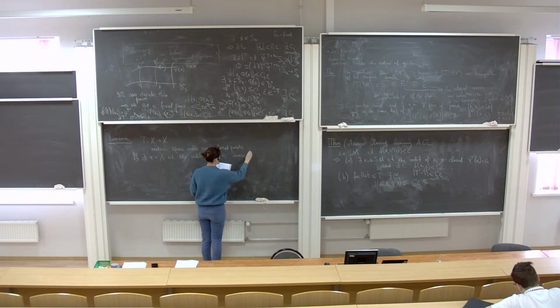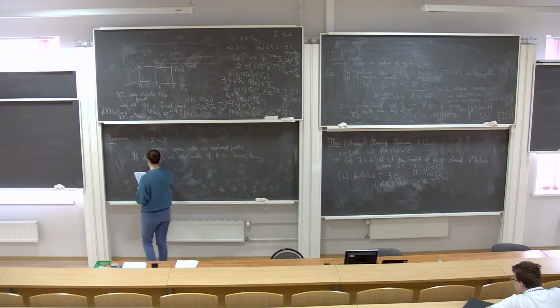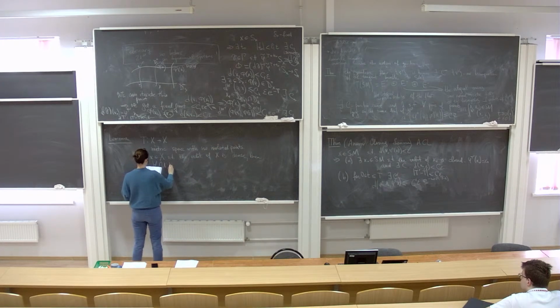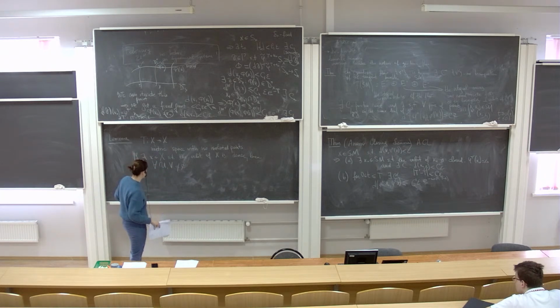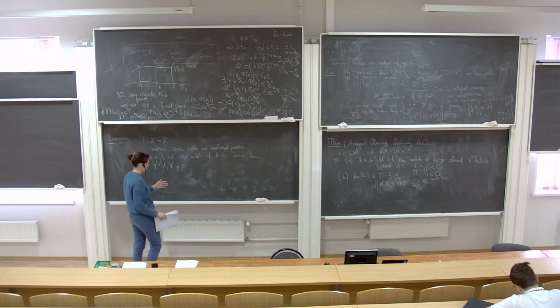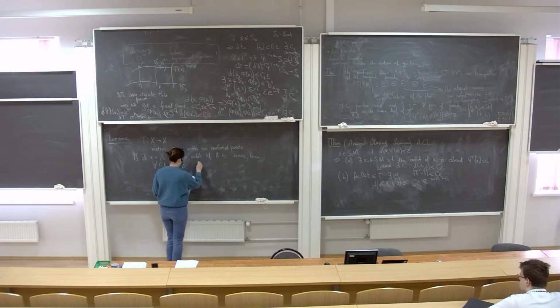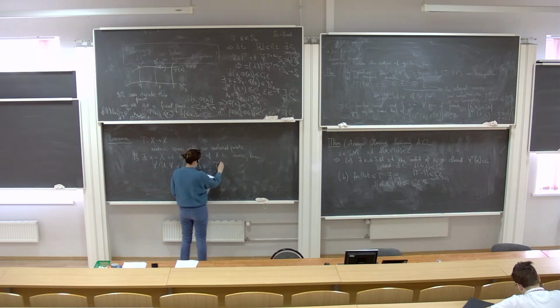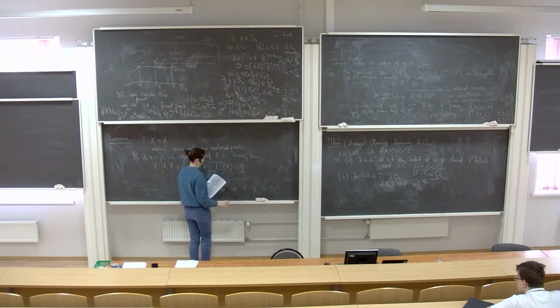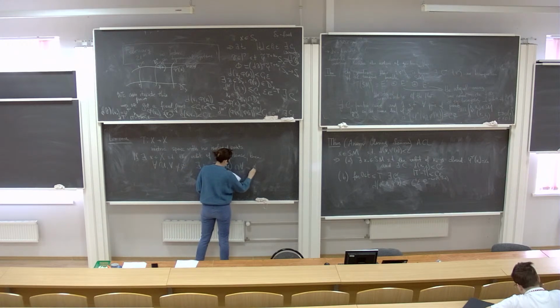Then I claim that for any open non-empty U and V, we may arrange things in a way that the image of one will intersect with the second one. So there exists k, an integer, such that the image T^k of U will necessarily intersect V.